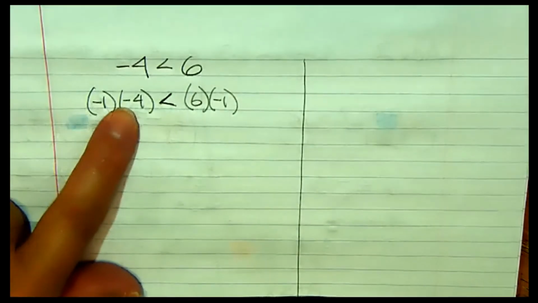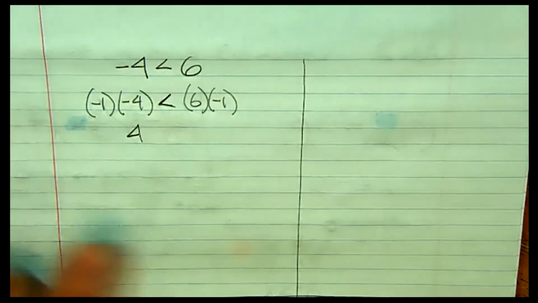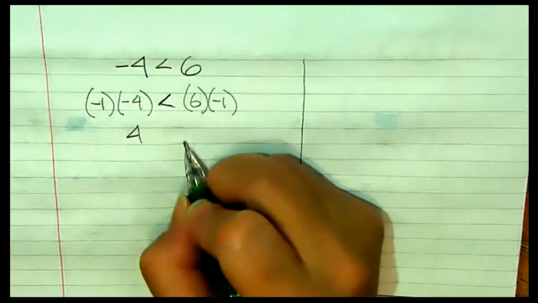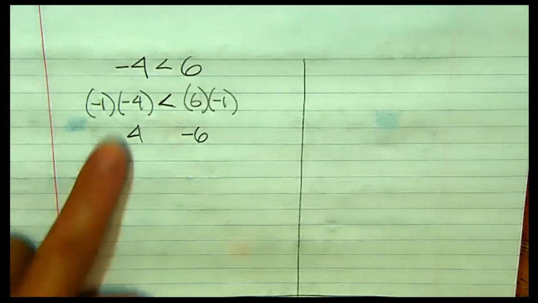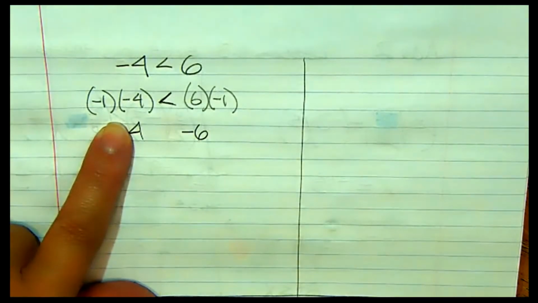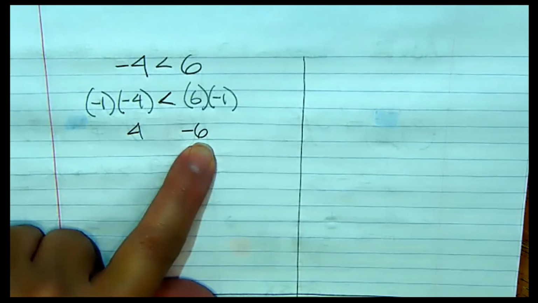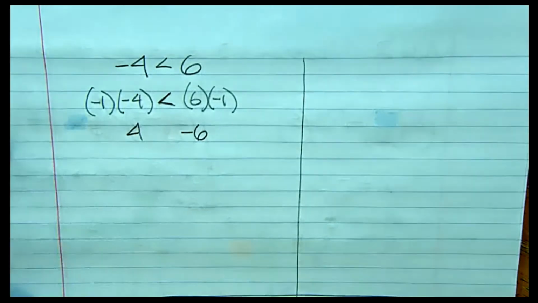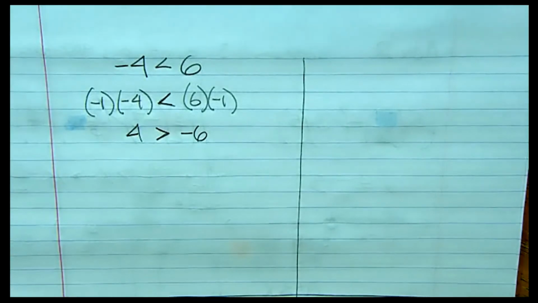Well, -1 times -4 is +4, and 6 times -1 is now -6. 4 is most definitely not less than -6. 4 is greater than -6.